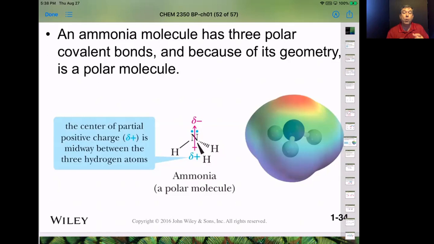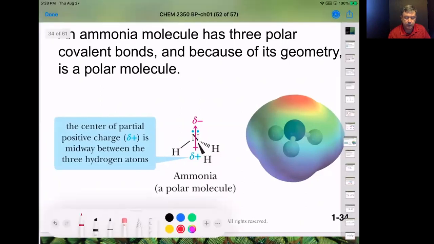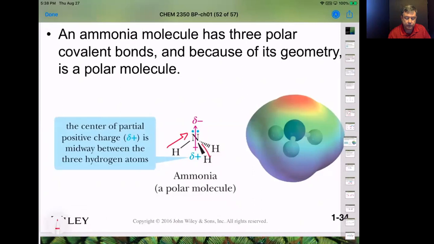And nitrogen is more electronegative than hydrogen, so it's going to pull electron density from the hydrogens to the nitrogen. They're all pulling into the middle here, but we still have a net polarity where those electrons are. We have more electron density up here because they're going in that direction than we have for the hydrogens.